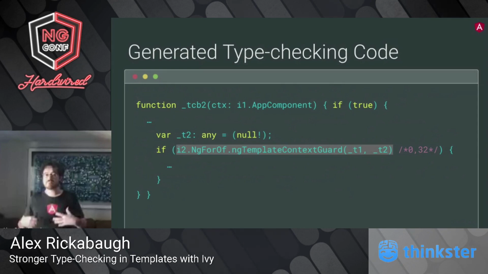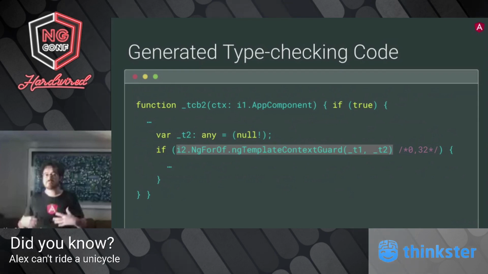Next, we ask the ng-for structural directive what type it's going to use for its template context at runtime. ng-for is free to create embedded views of any type that it wants, so we have to ask it, hey, what are you planning on doing? And it will tell us this t2 variable should actually be narrowed to a type called ngForContext that's generic over user objects.